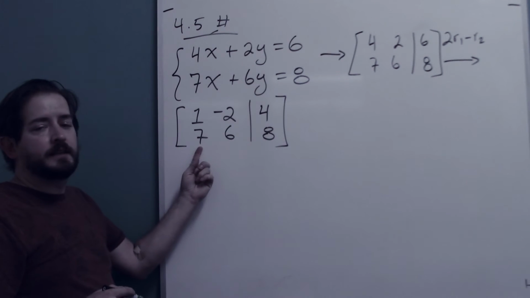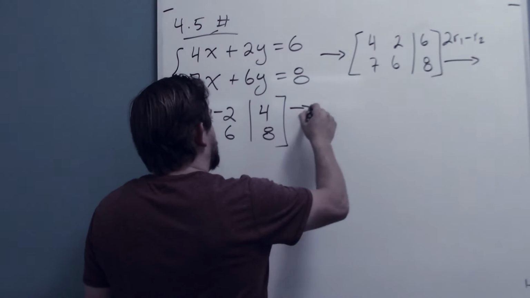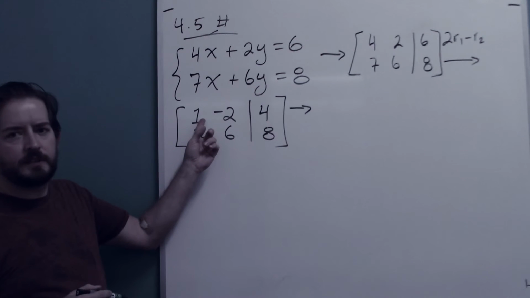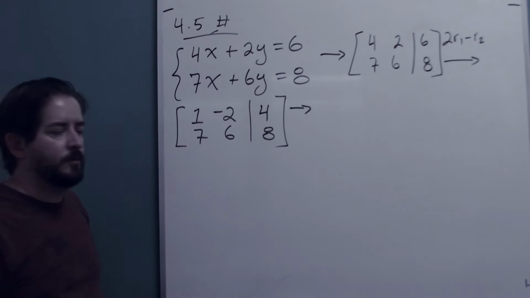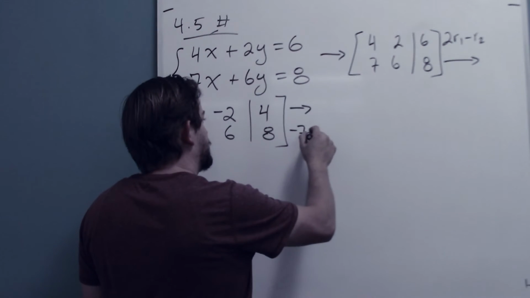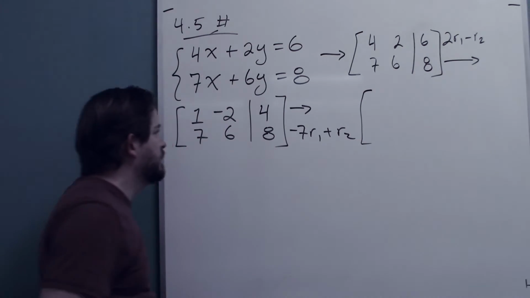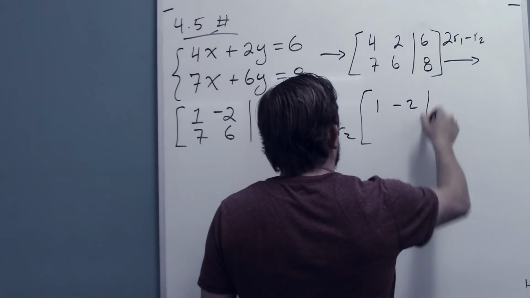The next thing I want is the 7 to be a 0. So I'm not going to touch the top row, but to get this to be a 0, I can always use that 1, and I'll just take negative 7 of the top row and add it to the bottom row. So negative 7 row 1 added to row 2. Top row is not changing, so that's 1, negative 2, 4.